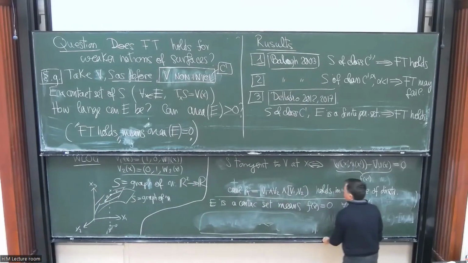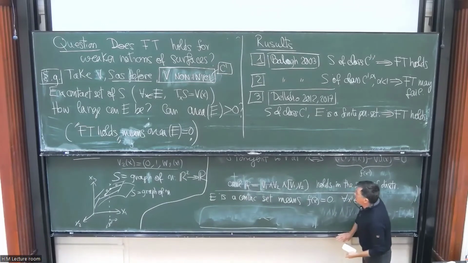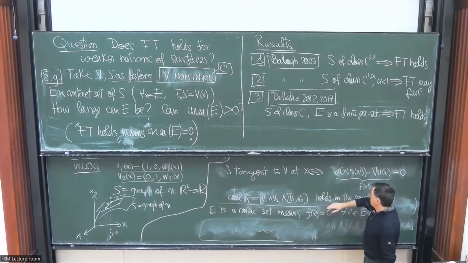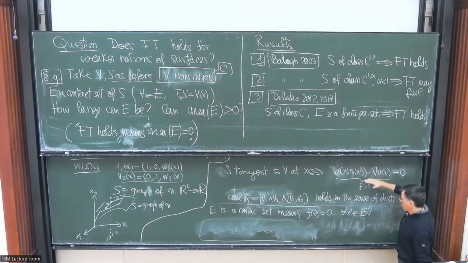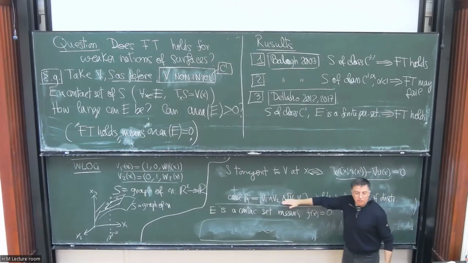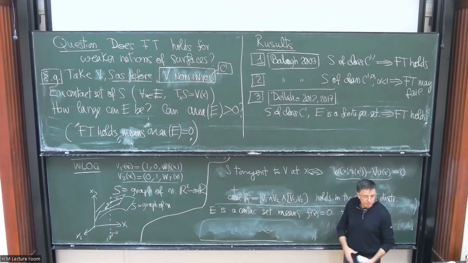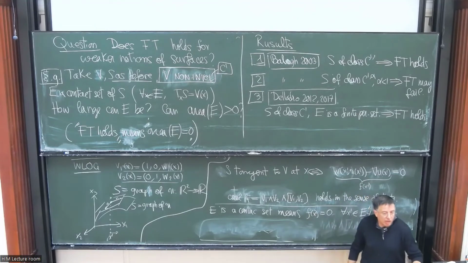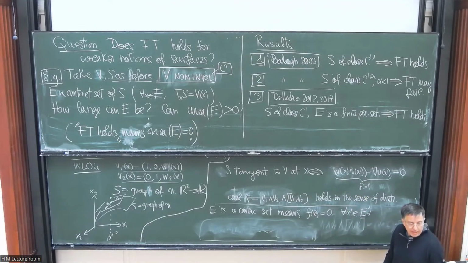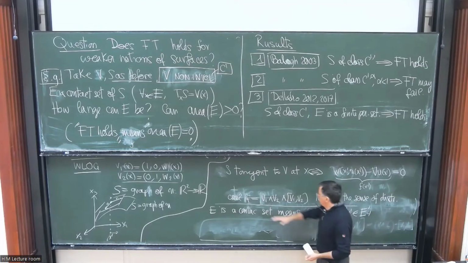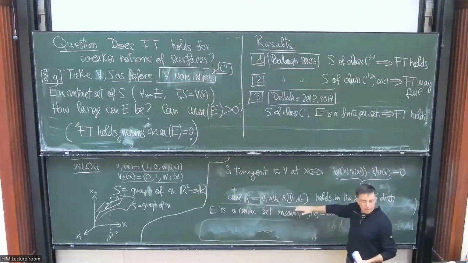And so what you would like to say is something like, okay, since f is 0 on E prime, then the curl must be 0 on E prime. That's the type of statement that you would like to have. And here is the catch. The fact that the vector field is 0 on a set, if the vector field is sufficiently regular, implies that the curl is 0 on the set.